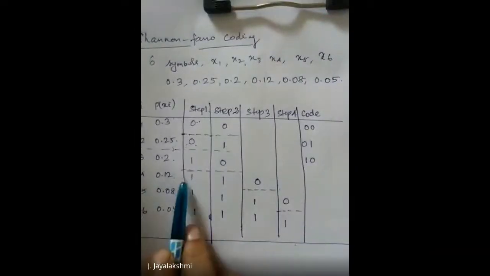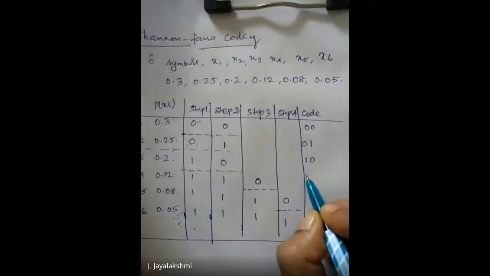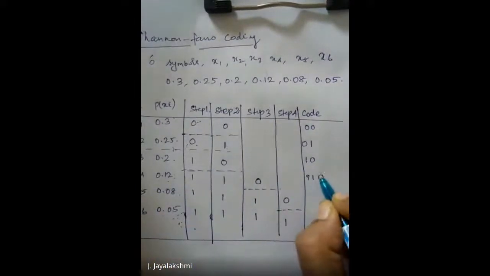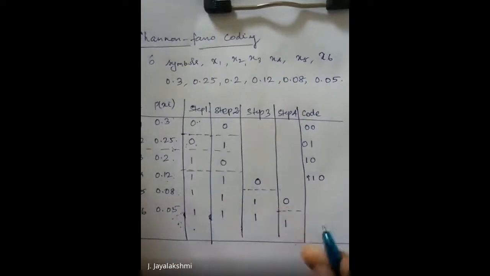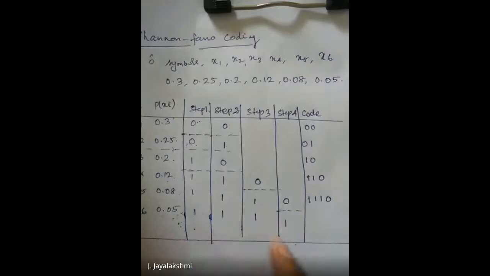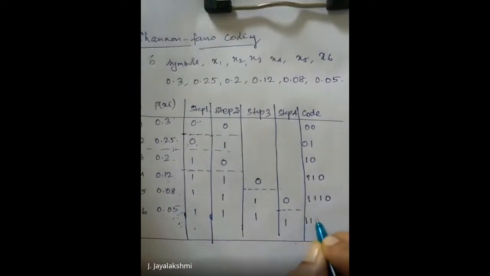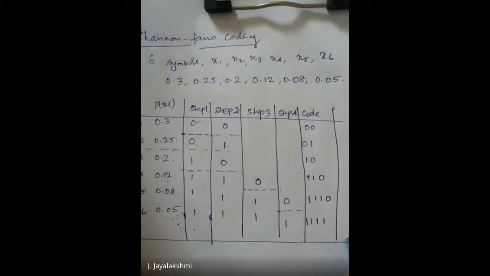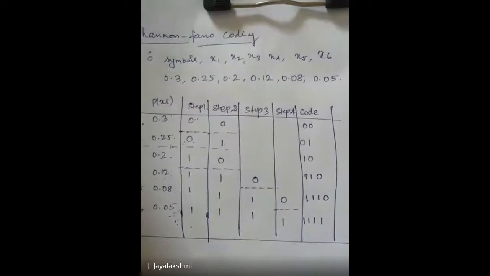The fourth symbol, X4, with probability 0.12, has the code 1, 1, 0. For the fifth symbol, the code is 1, 1, 1, 0. And for the sixth symbol, the code is 1, 1, 1, 1. Hope you understood how you have got the code word for each and every symbol.